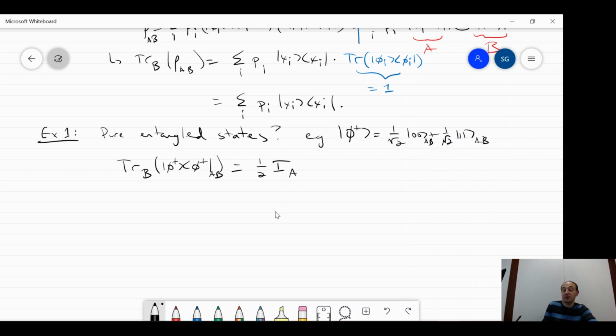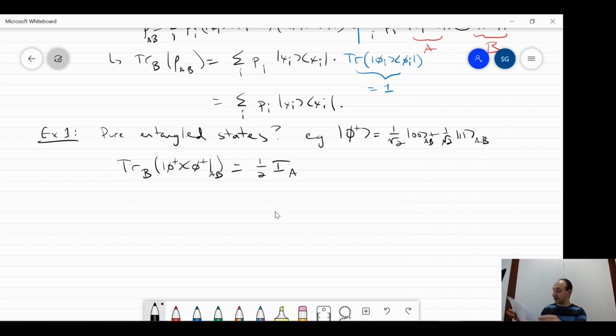They make no sense without each other. Good. So that is basically the maximally mixed state, partial trace.